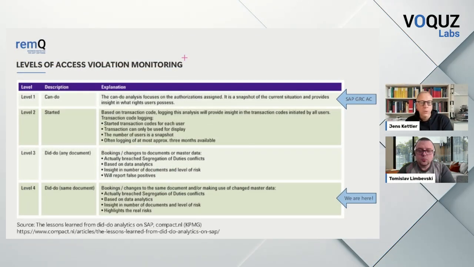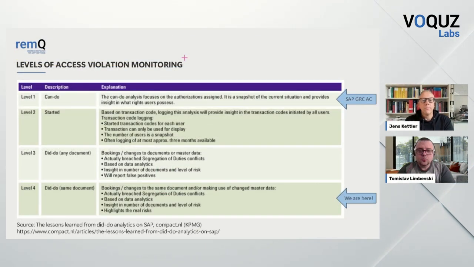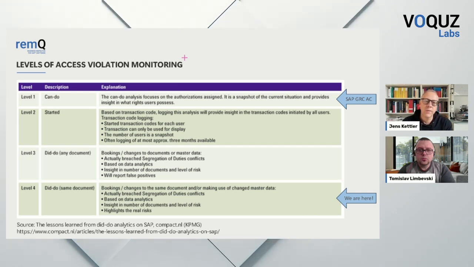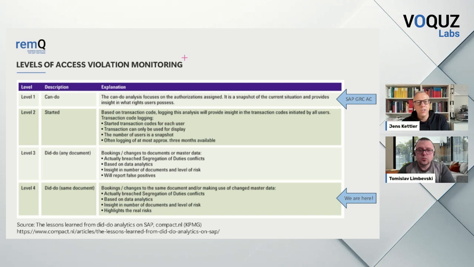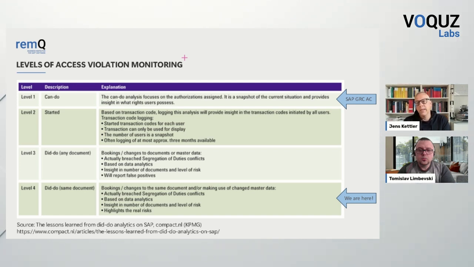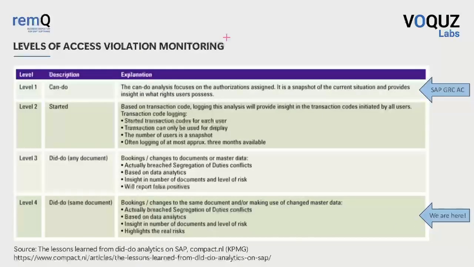If we monitor these access violations, we can do this on different levels. I already mentioned the SAP GRC Access Control SoD matrix that we looked at on the previous slide. That's access control and authorizations. They determine what a user can do. That's an access violation monitoring, if you will, on level 1: what a user can do.